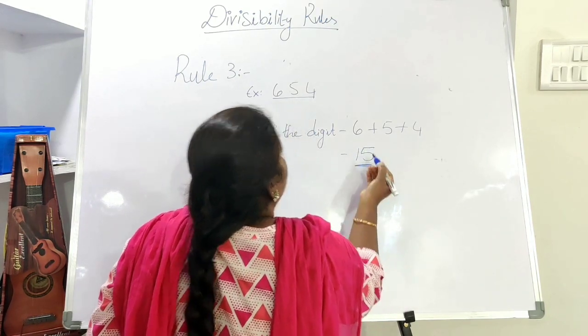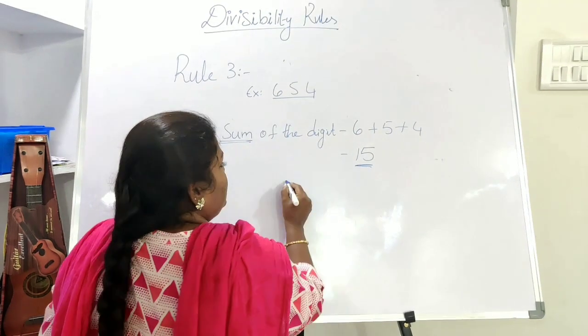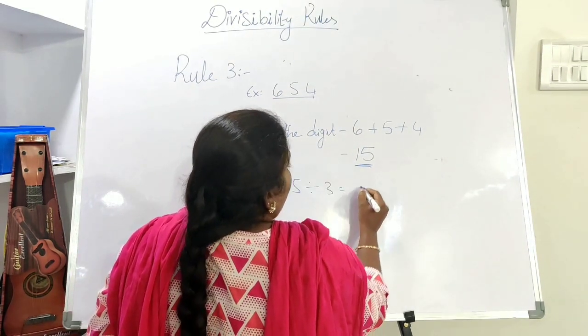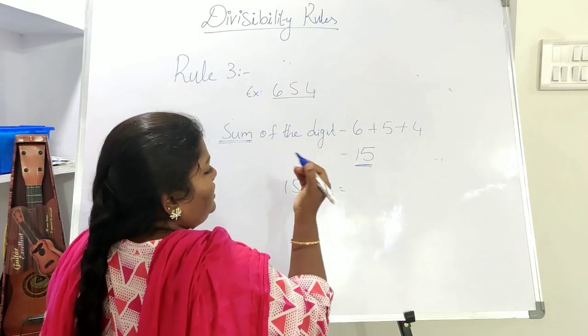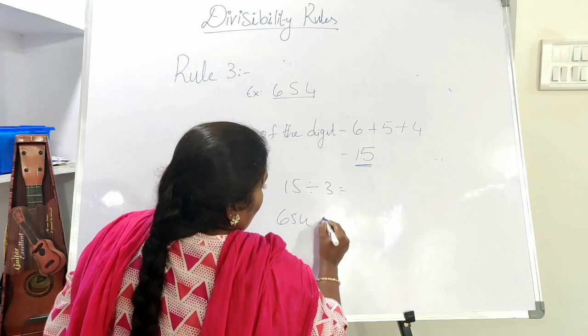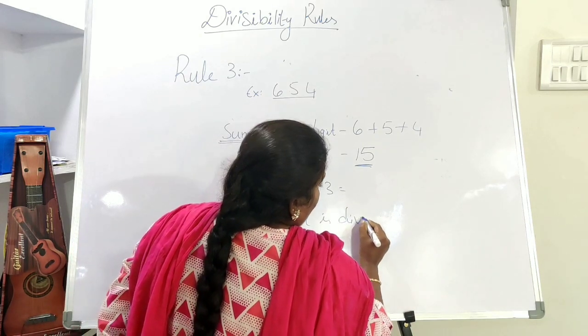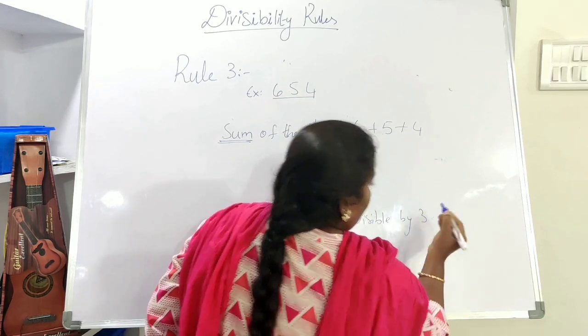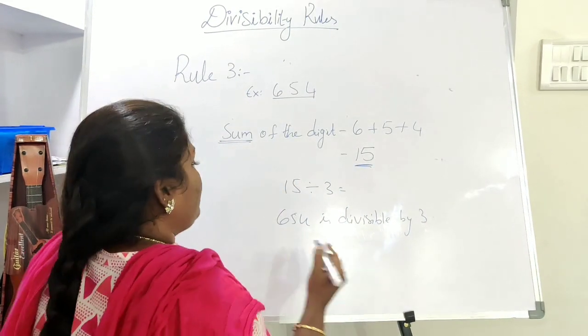Is 15 divisible by 3? Yes. So 15 is divisible by 3. So the number is divisible by 3. So 654 is divisible by 3.